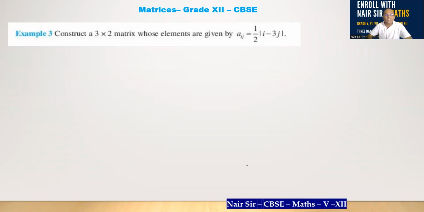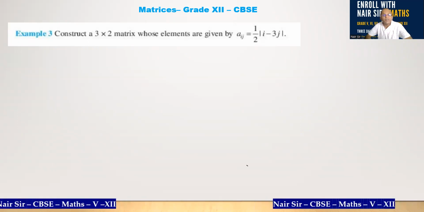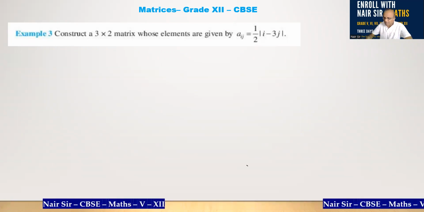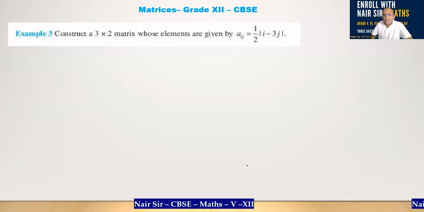I want you to construct a 3 by 2 matrix. 3 by 2 means 3 rows and 2 columns. And what is the condition given? The condition given is aij is equal to half of the modulus of i minus 3j.